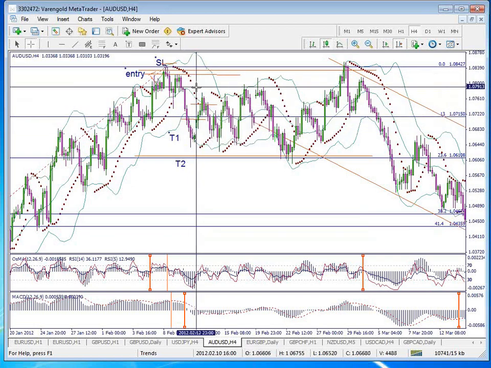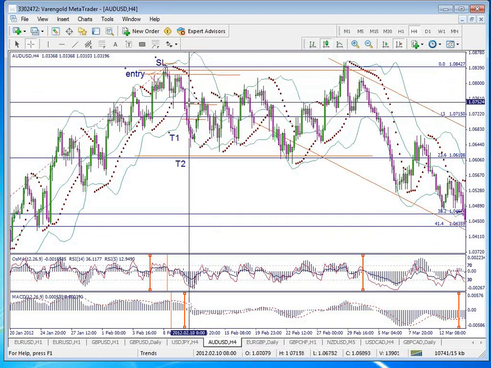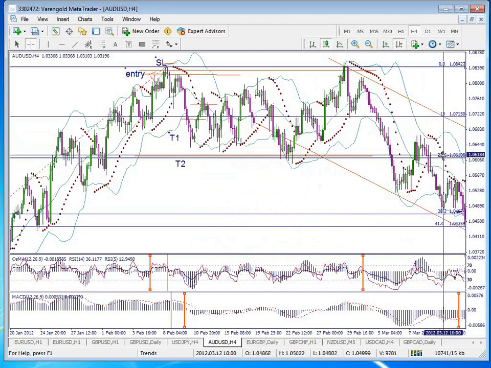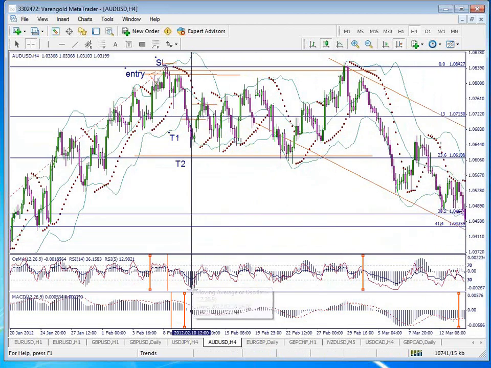So you can just put the stop loss in a lower point and wait to see if it will be reached also 23.